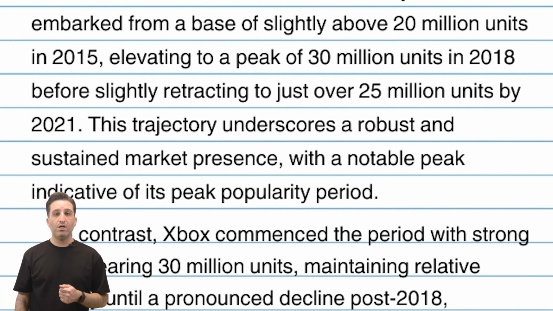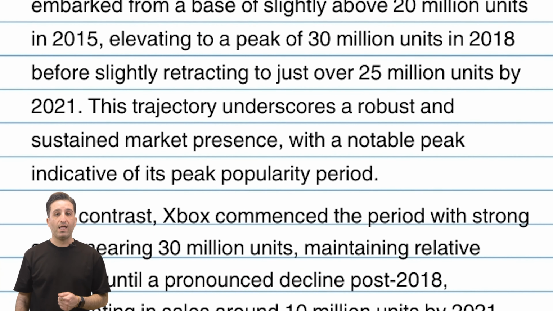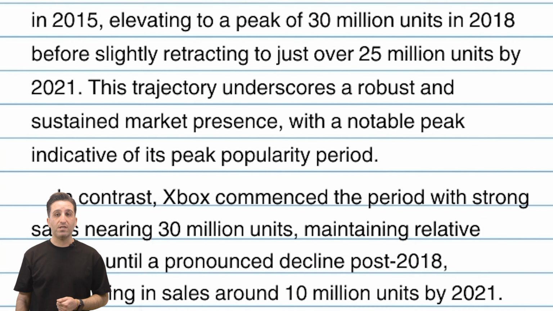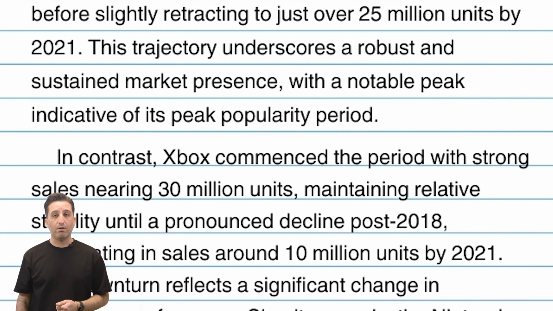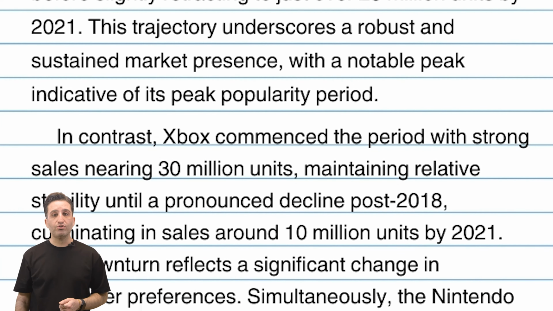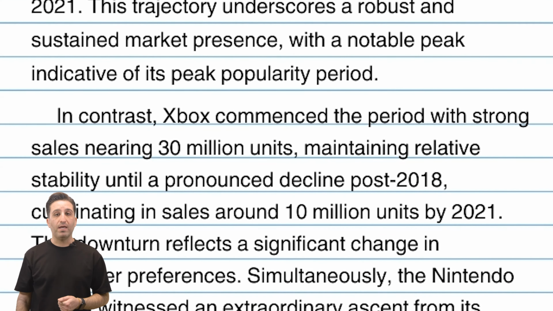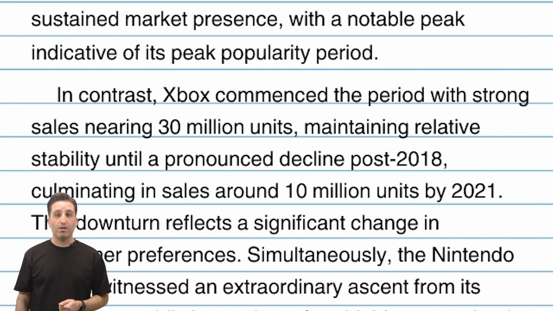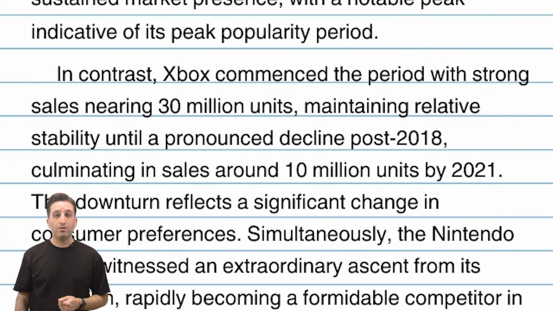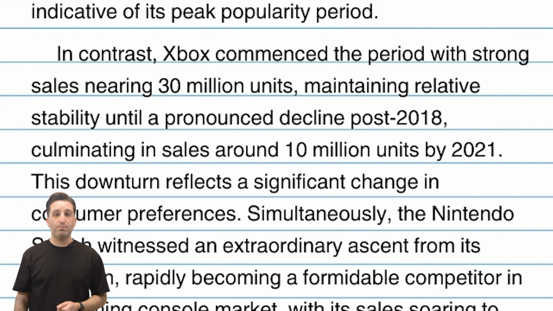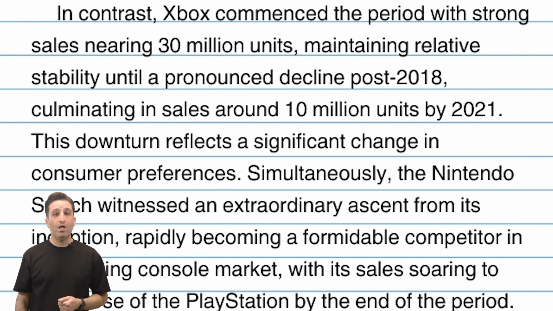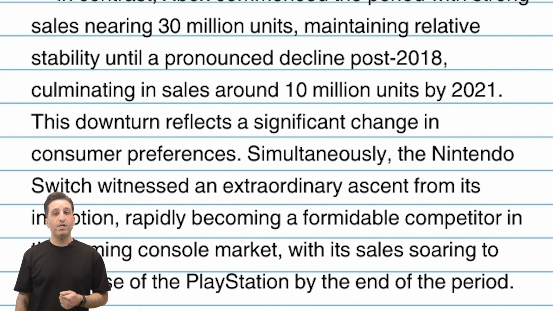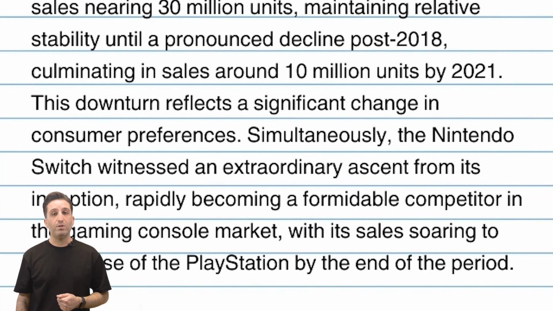This trajectory underscores a robust and sustained market presence, with a notable peak indicative of its peak popularity period. In contrast, Xbox commenced the period with strong sales nearing 30 million units, maintaining relative stability until a pronounced decline post-2018, culminating in sales around 10 million units by 2021.